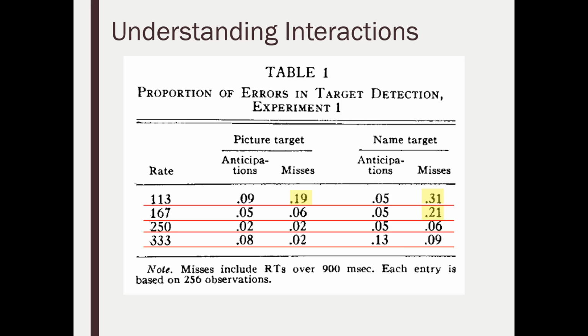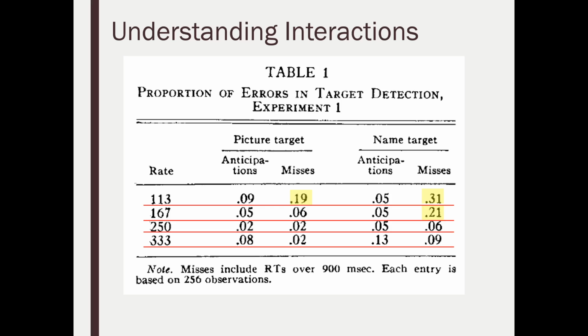So they're really not making any mistakes from 250 milliseconds. Really, I'd say from 167 milliseconds on, they're not making any mistakes. It takes with a name target all the way till 250 milliseconds before they're basically not making any mistakes. So we're seeing all of our misses in the 113 milliseconds rate for both picture and name, and then for the 167 milliseconds, we're still seeing it for the name.